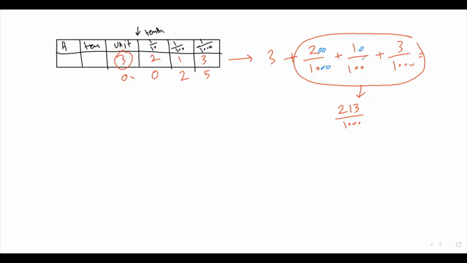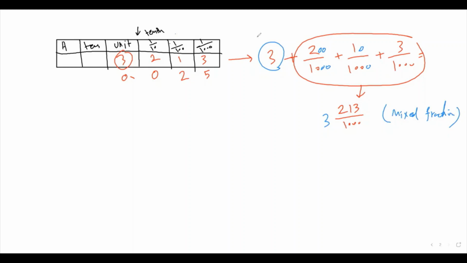I add 1 zero here, another zero here. So if you add all the numerators, what do you get? 200, 10 and 3, that's 213. And here everything is 1,000. So the answer would be 213 over 1,000, and this 3 goes in front. So this is a mixed fraction, right? That's our answer right there.